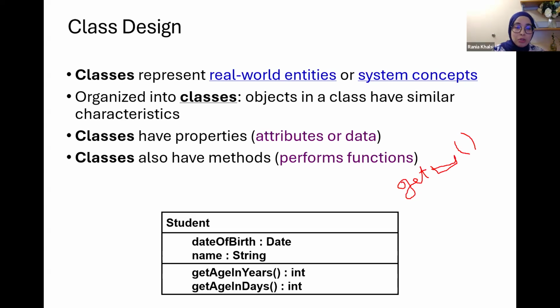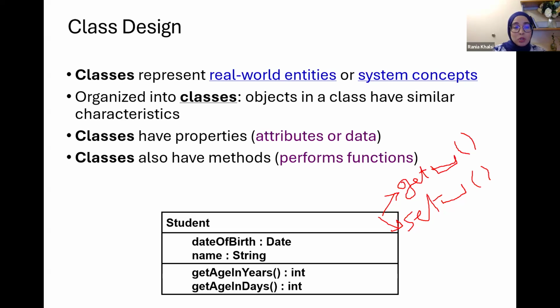There is another method, which is the set method, okay? With set, we set anything that we can edit or modify. So we have set something. These methods are known as getters and setters, okay?